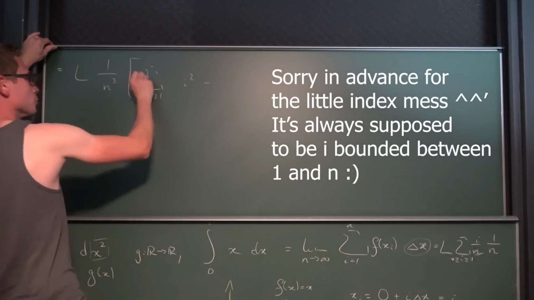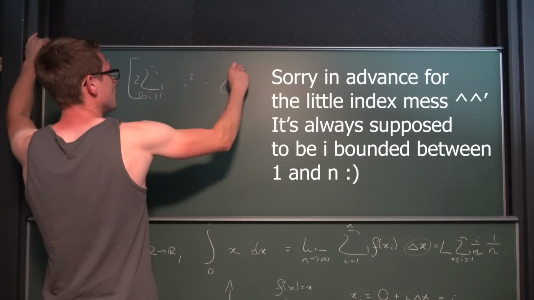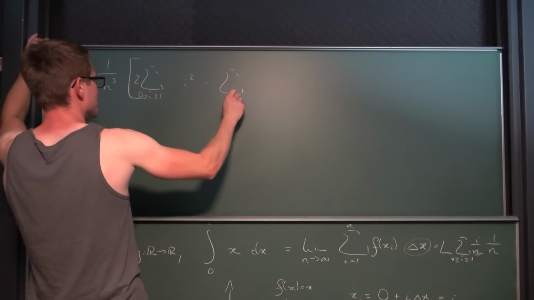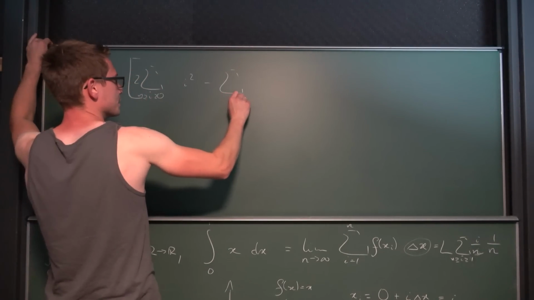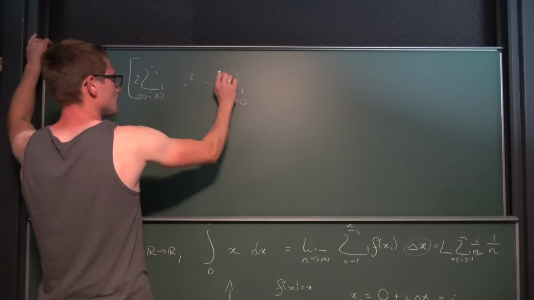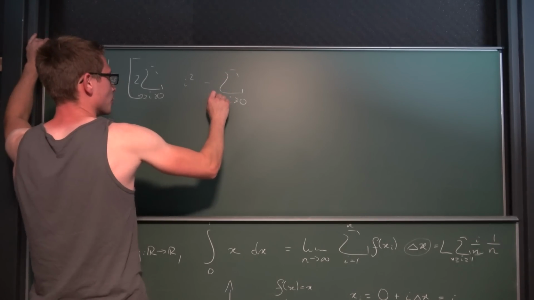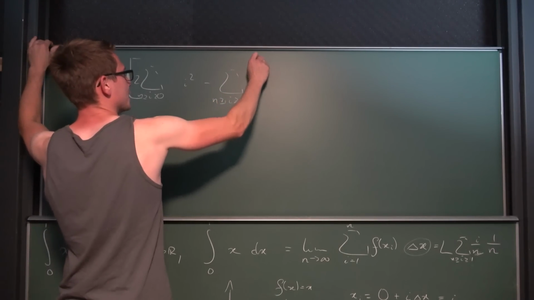I'm going to bring the 2 to the front. This really doesn't hurt either. And then we have I being bounded between 1 and n once again. So many indices, I'm terribly sorry. And now we have I here.